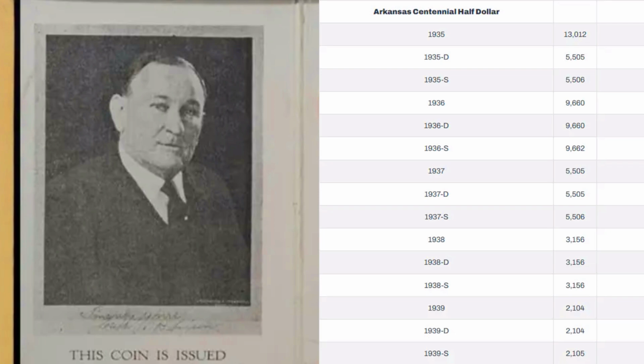1935, there were 13,000 of them from Philadelphia, while there are only 5,500 from Denver and San Francisco. But in 36, 37, 38, and 39, the mintages dropped from 9,600 to 5,500 to 3,100 to 2,100. It was these declining mintages, the declining production, that suggested waning public interest in this particular celebration.